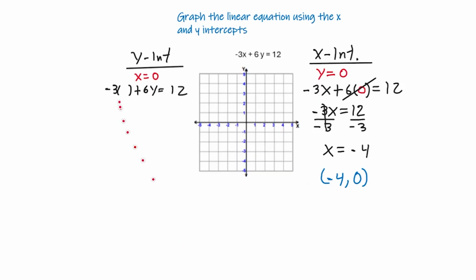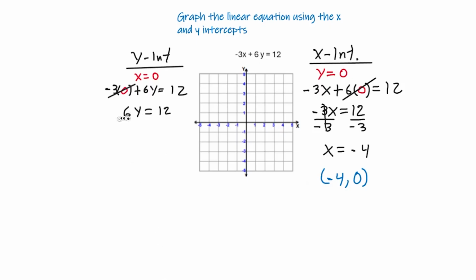And now I'm gonna do the substitution. X equals 0, and you can see all I did is replace this variable by using 0. The next step, I'm gonna be multiplying -3 times 0, that is gonna cancel it, and then 6y, I'm just gonna bring it down, and all of that should be equal to 12.